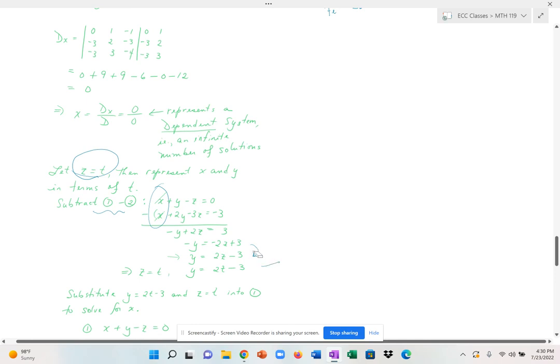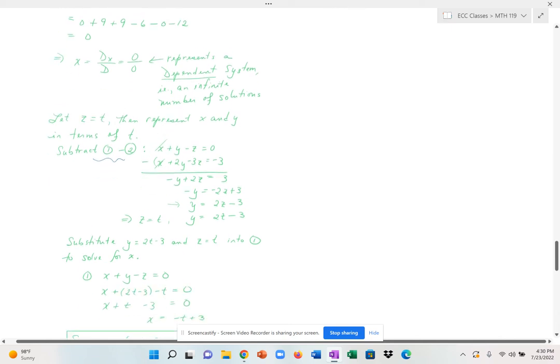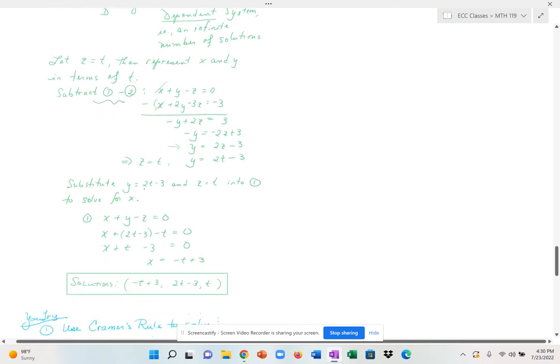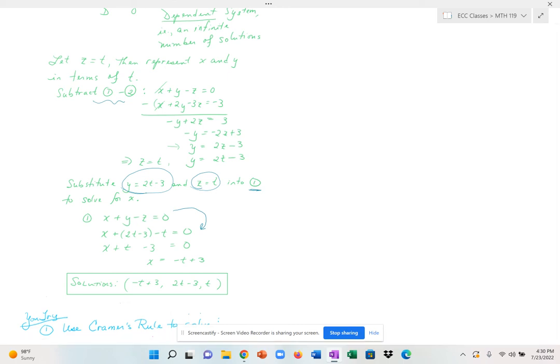Well, now I know what z and y are in terms of t, but I need to figure out what x is in terms of t. So I'm going to substitute this and this into equation 1. You could choose equation 1, 2, or 3. I chose equation 1. It's a simpler one, and I'm going to solve it for x. So I have x plus 2t minus 3 minus t equals 0.